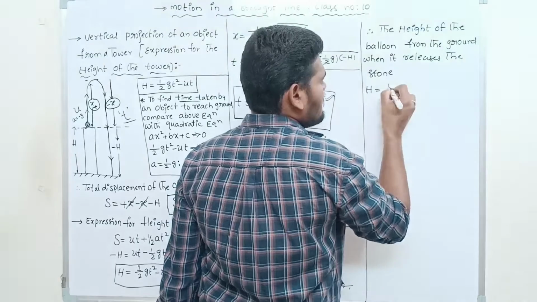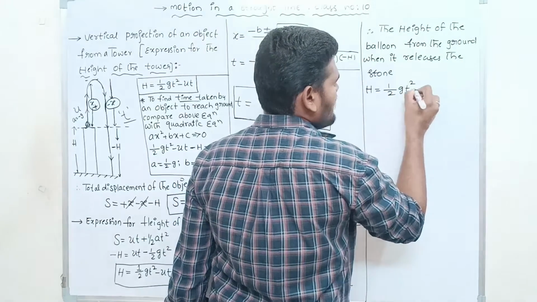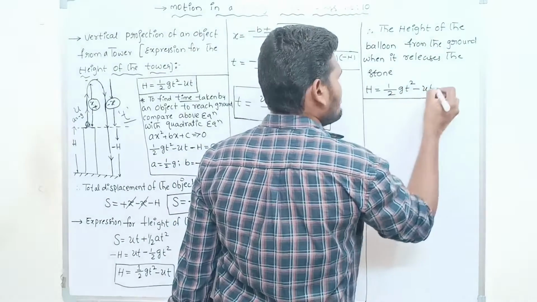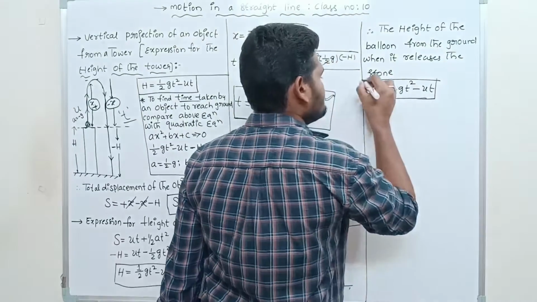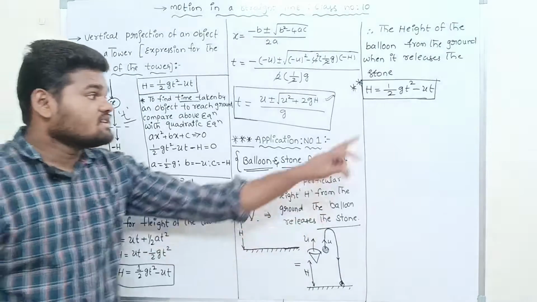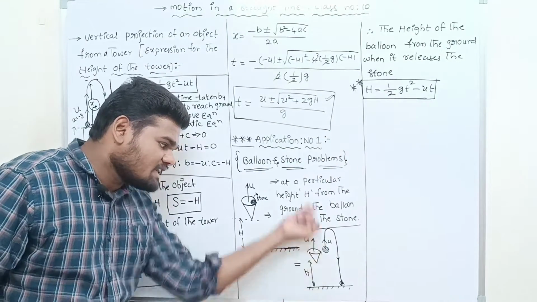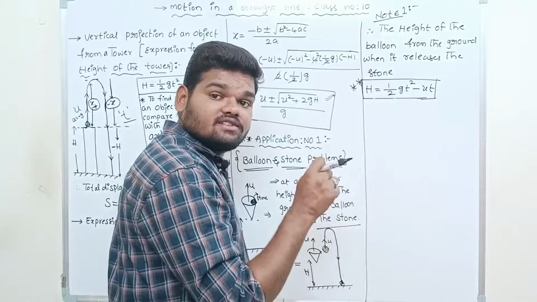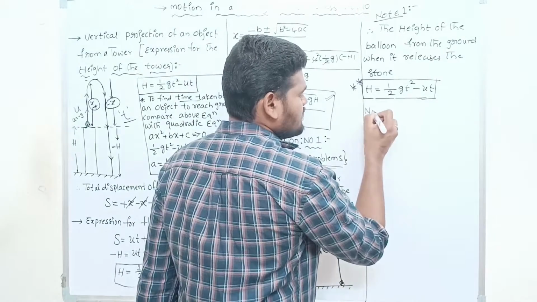H is equal to half gt square minus ut. Half gt square minus ut. Same thing you will get. So this is the height of the balloon just when it releases the stone. Right. So let us see formula number 2 or note number 2.